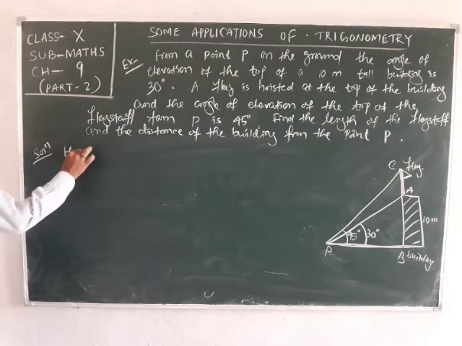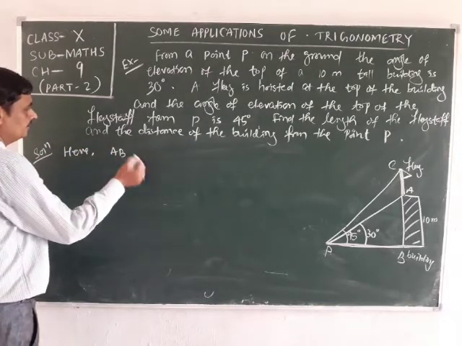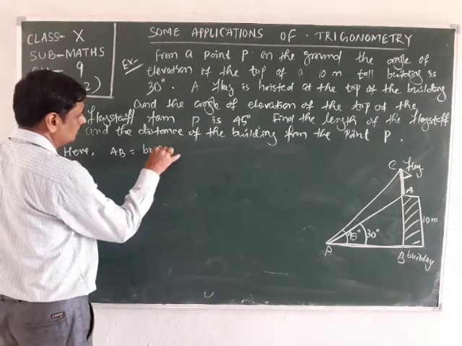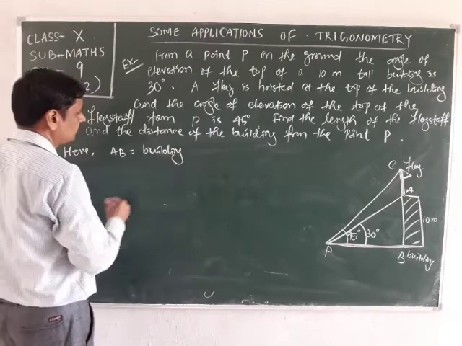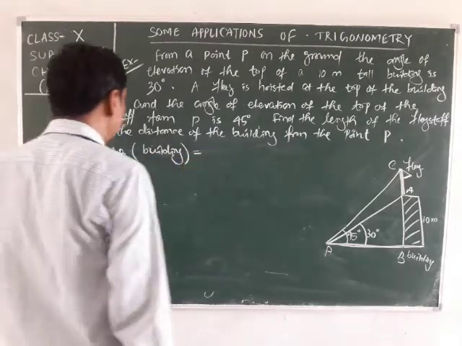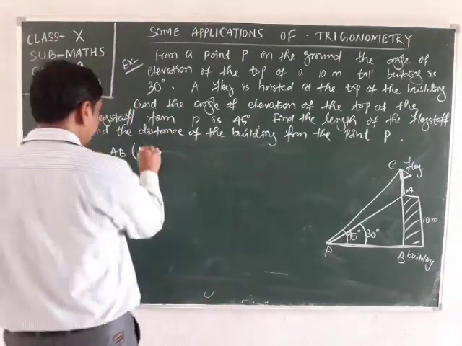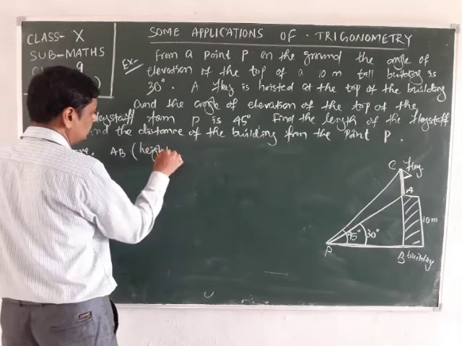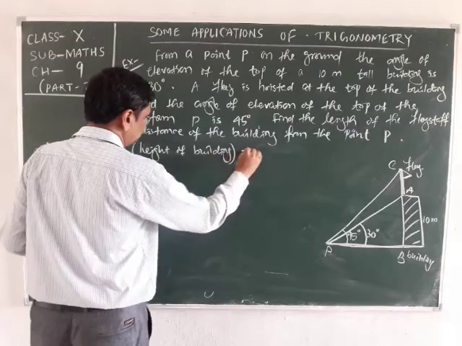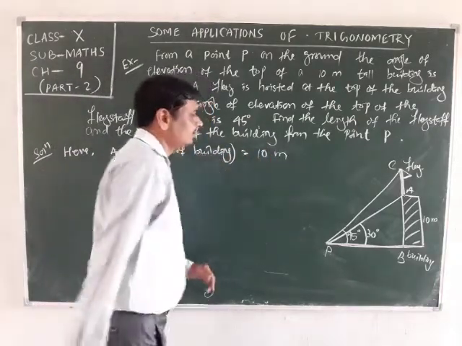Here AB, the height of the building, its value is given as 10 meters.